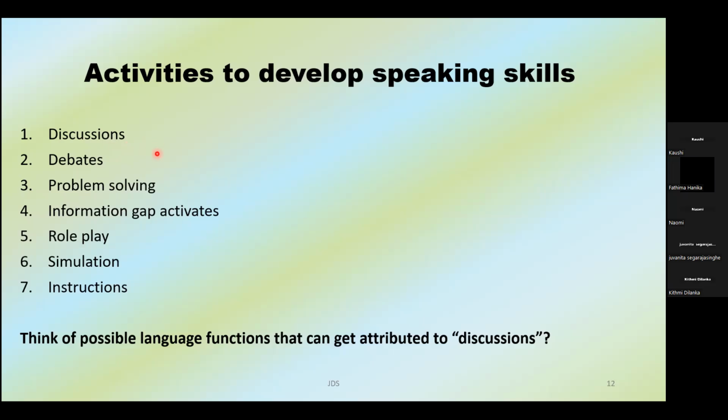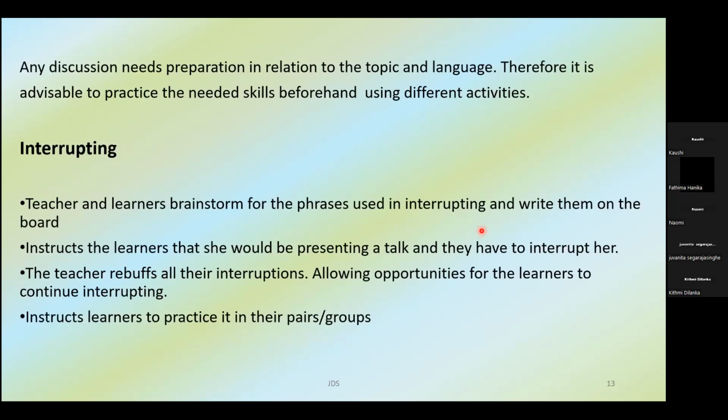So before assigning the activity, think of the sub functions or maybe language functions or even words and phrases that are needed for them to perform the act of communication. And those should be practiced beforehand. Then only they should be allowed to engage in that activity. Now, when it comes to discussion, read first.